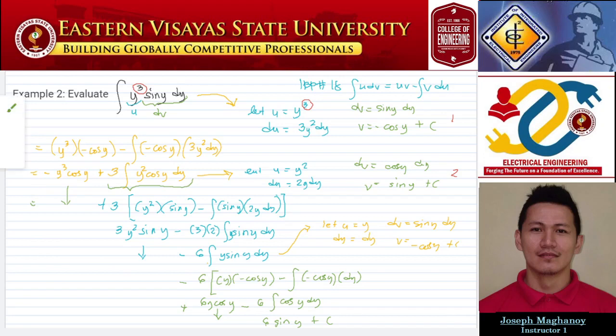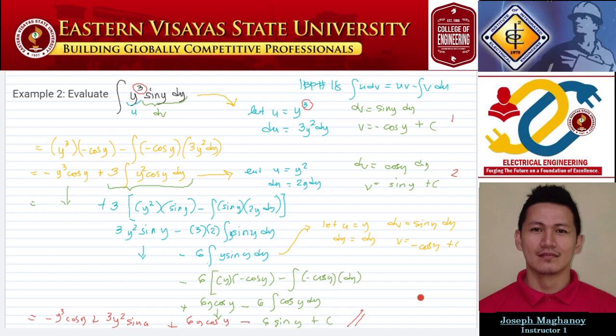So our final answer for this example: negative y cubed cosine y plus we carry down 3y squared sine y plus 6y cosine y minus 6 sine y plus c. So this is your final answer for your example number 2.